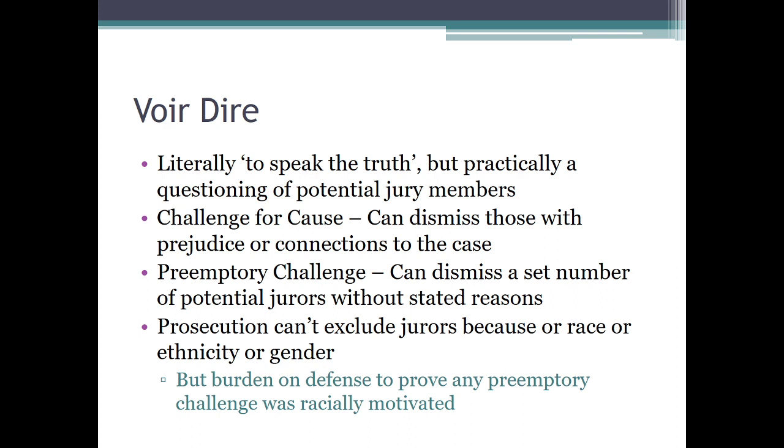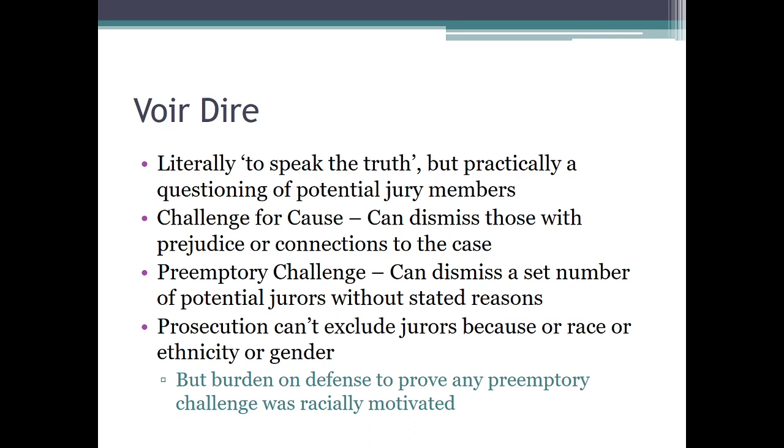So you don't want them on. Well, you have a limited number, and this is going to vary a little bit from jurisdiction to jurisdiction. You have a limited number of times that you can simply peremptorily challenge them. So you ask them a question, you get that feeling, or you know that this person is most likely to rule against you, and you simply say, Your Honor, I'm going to peremptorily challenge this person, and he's off the jury.